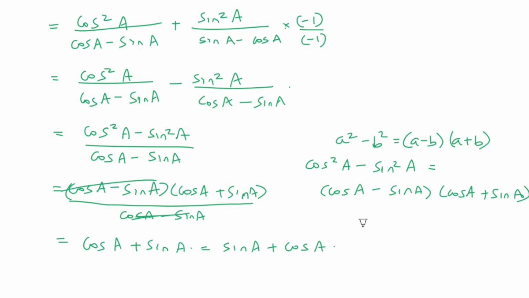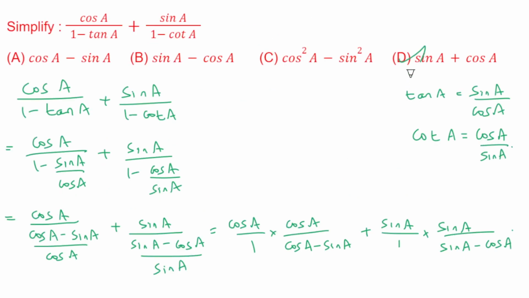Commutative means that if we have any two quantities A and B, and A plus B equals B plus A, then we say that A and B are commutative. So cos A plus sin A is the same as sin A plus cos A, which means option D is the correct answer.